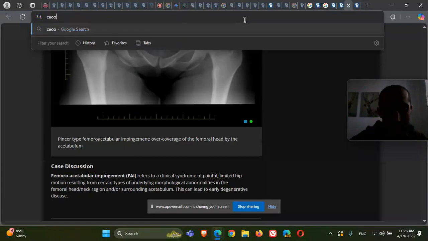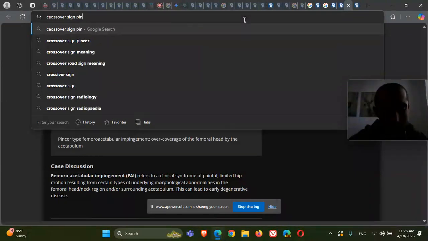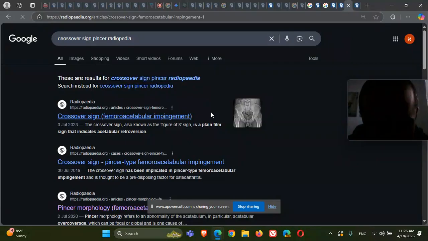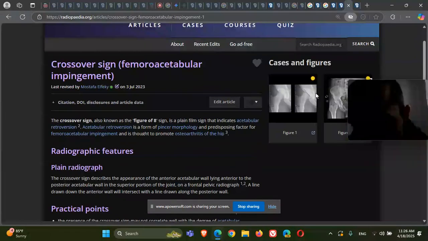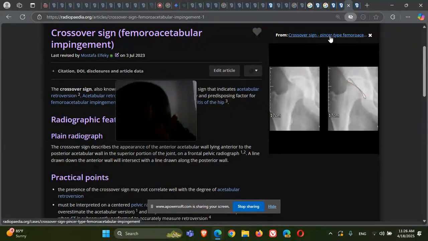Maybe there is a crossover sign on the pincer Wikipedia page, maybe there will be a better illustration.